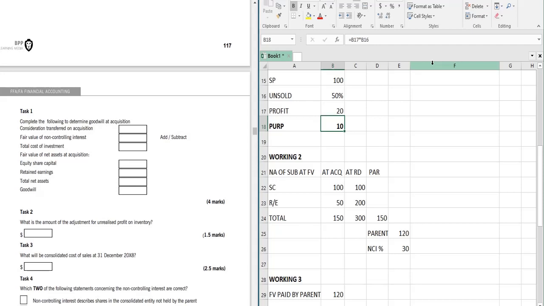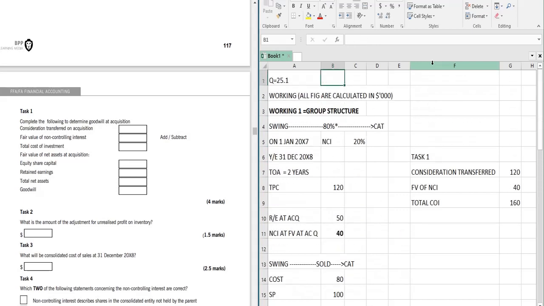Suppose the time of acquisition is 9 months or 6 months, we will only take the cost of sales of the 9 months. Then we will add it to the parent one, then we will subtract any intra-company transaction like sales between parent and subsidiary or subsidiary sold to parent. Whatever sales transactions have occurred during the period, we will eliminate those amounts, then we will add the PUP which we have calculated.